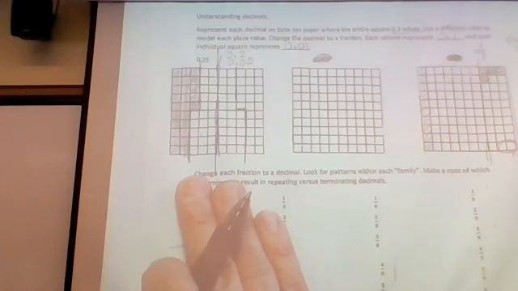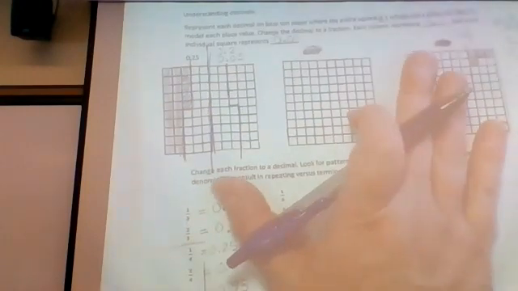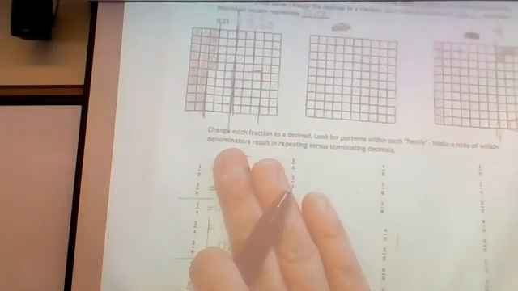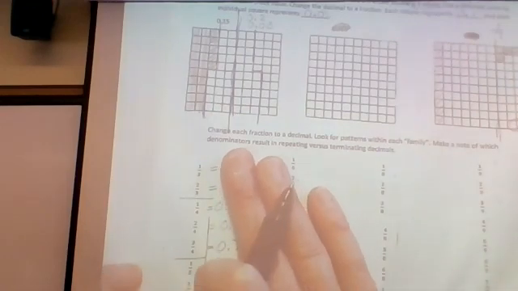Thus the fractional equivalent to 0.25, as we all know, is 1/4. I don't want to give these away because a lot of these we figured out in class, but we came over here and started writing down these decimal equivalents.